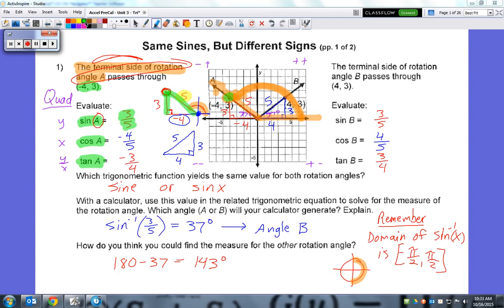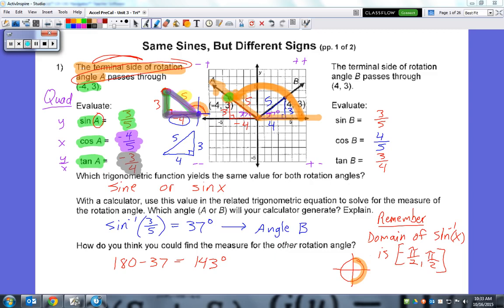Look at the cosine. The cosine is basically the same triangle, but this time I'm going to look at the cosine value. So the cosine is going to be the adjacent over the hypotenuse. This is how we get the negative 4/5. And then the tangent. From this angle, it is just the opposite over the adjacent, which is how we get the negative 3/4.